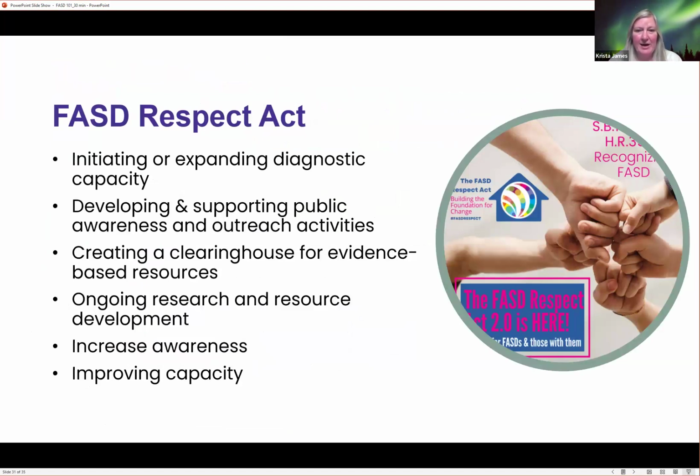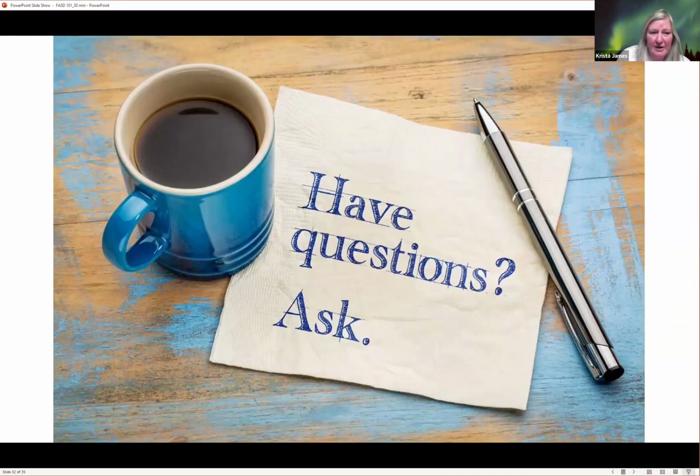And so I challenge you to go do some outside Googling on the FASD Respect Act and see, since I know all of you are not from Louisiana, how your state legislators are supporting the FASD Act. If there's any work that you can do to advocate for more supports and services for individuals with FASD in all of our states. And I'm going to stick around for questions.